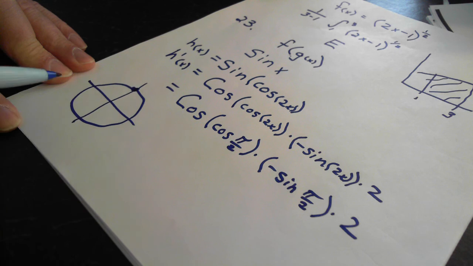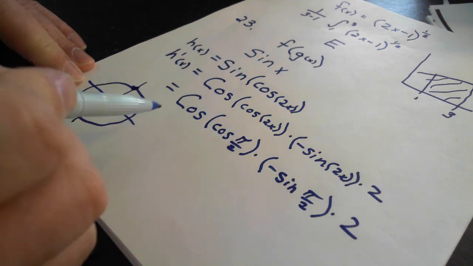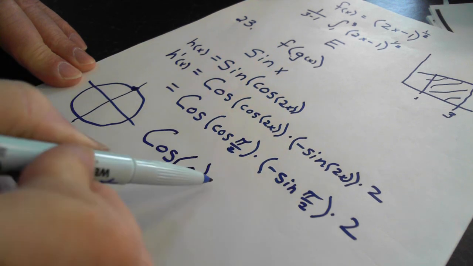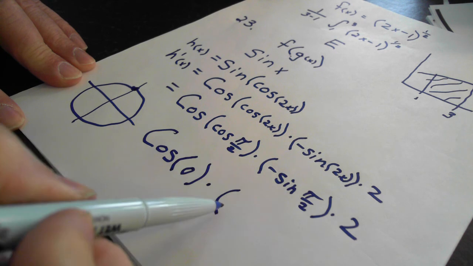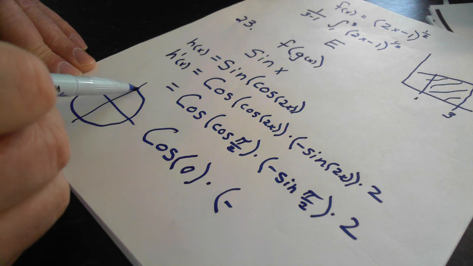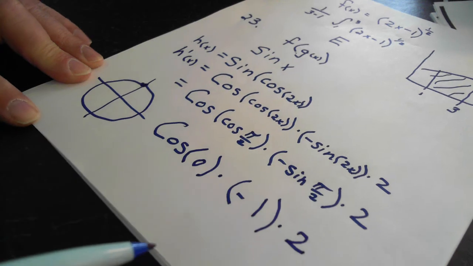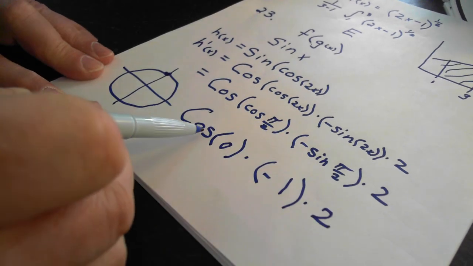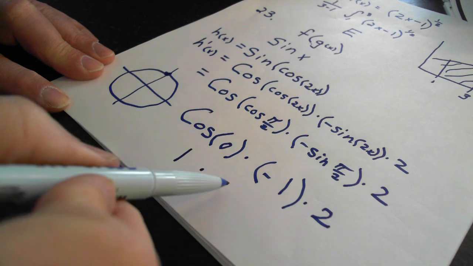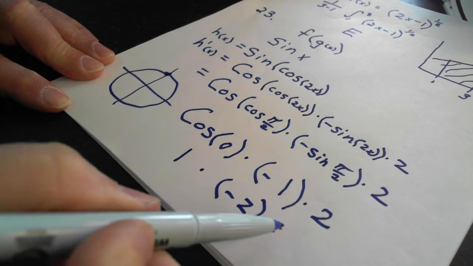Sine pi of 0 times negative. An option A.